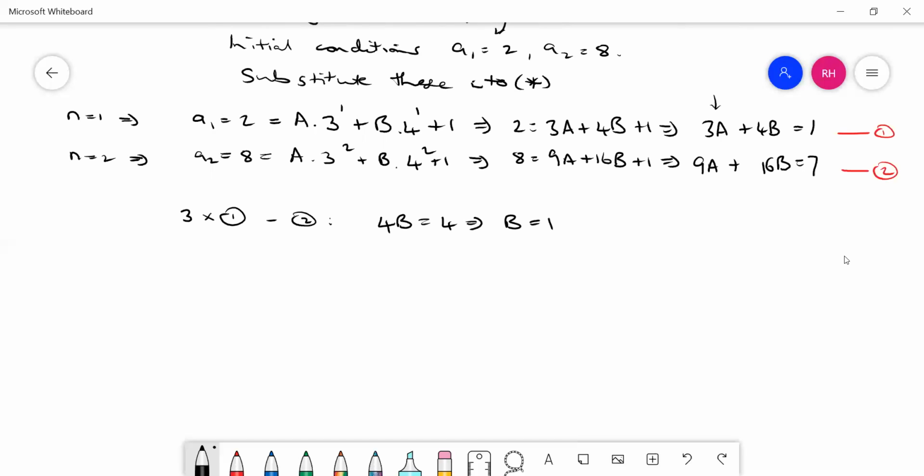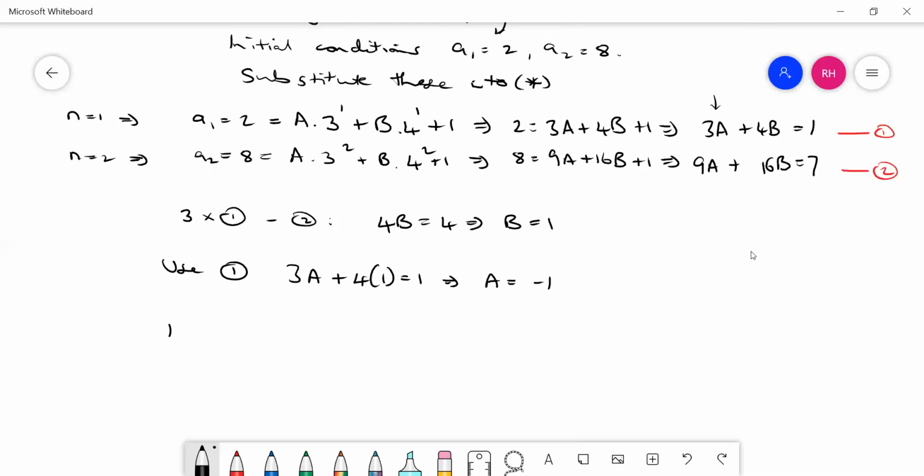And once we've got B equals 1, we could then use equation 1. So we'll have 3A plus 4 times 1, because that's what we know B is now, equals 1. And that tells us that A is equal to -1.